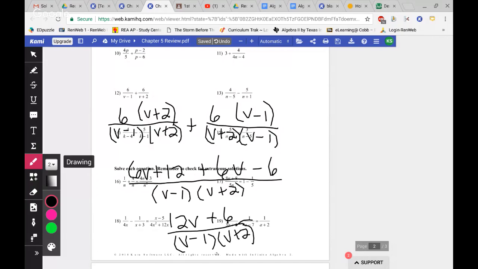Now, in this particular case, you could actually take a 6 out of this numerator, and it would look like this. But either answer is perfectly fine, and Miss Stone and I will take either answer on the test. So if you left it in this form here, that's fine.